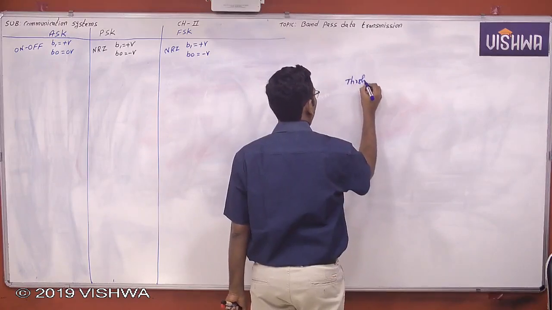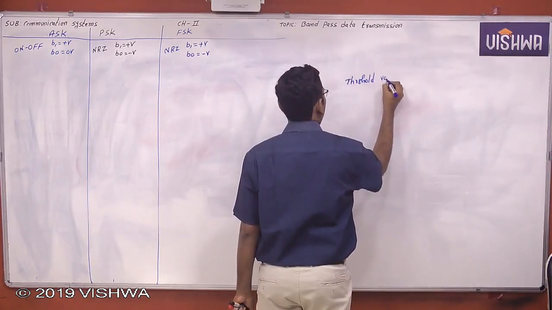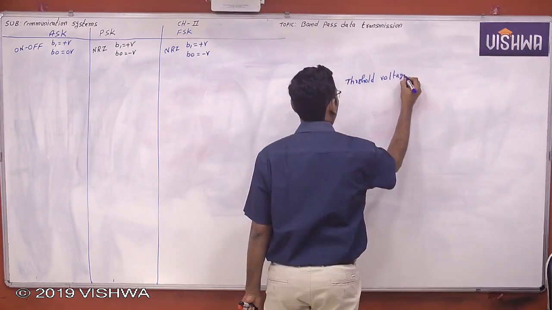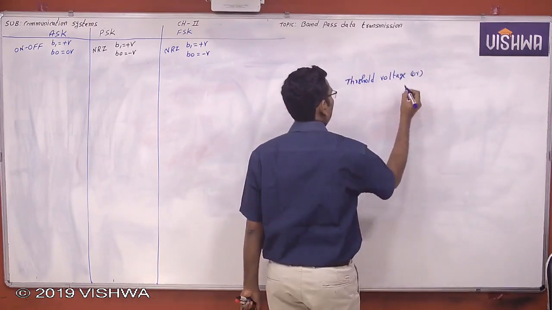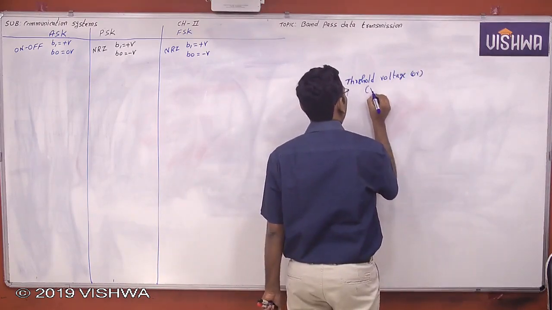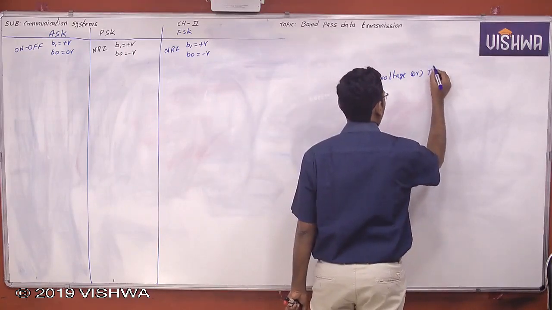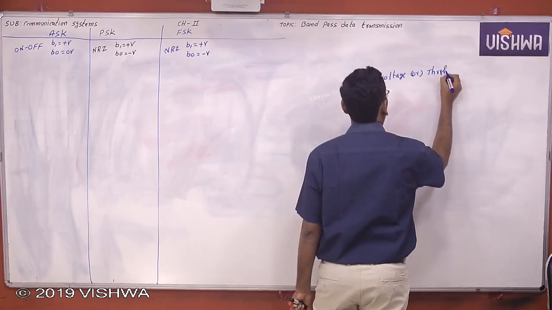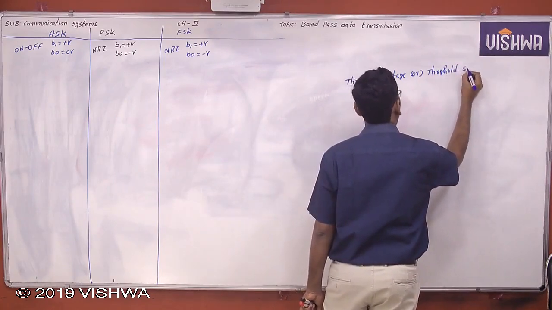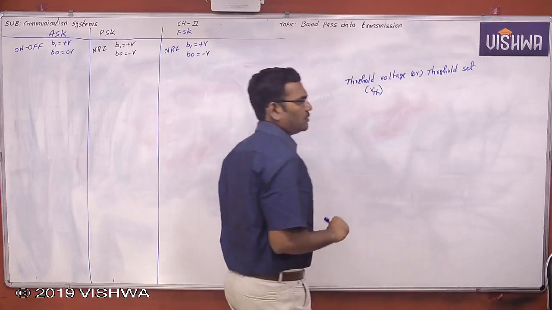What is it? Threshold voltage, represented by VTH, or called threshold set.